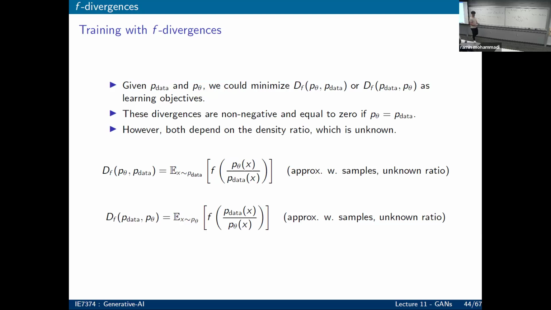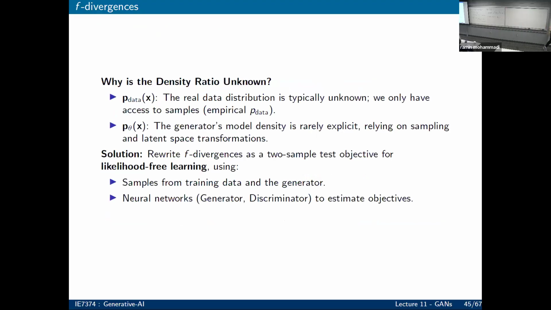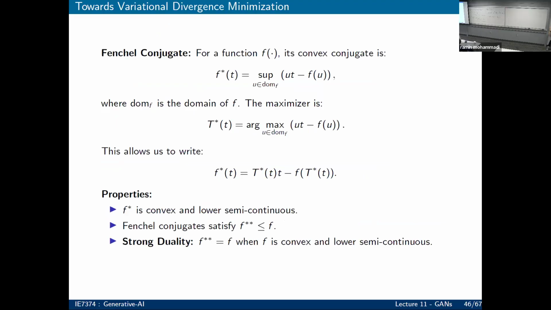Now what we are going to talk about is a concept called the Fenchel conjugate. The Fenchel conjugate says that if you have a function f, you can find its convex conjugate as follows. Let's say we have this function f, and f could take any variable.